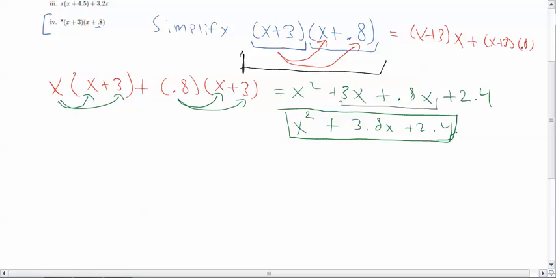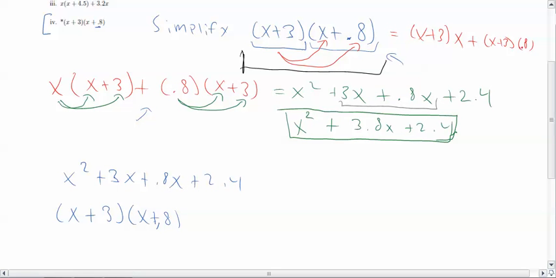So when we did all this multiplication, we ended up getting x squared plus 3x plus 0.8x plus 2.4 before combining like terms. So I'm going to show you another way to get that. And for reasons that I'm going to be somewhat unclear about, these numbers will come out in a different order, but that's not a big issue.